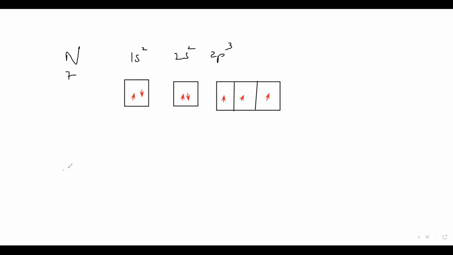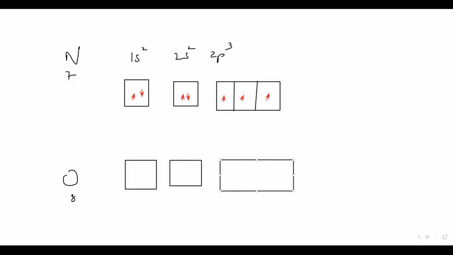When we write for oxygen, the electronic configuration is 1s2, 2s2, and 2p4. So clockwise, anti-clockwise, they first occupy singly, and then there is a pair.